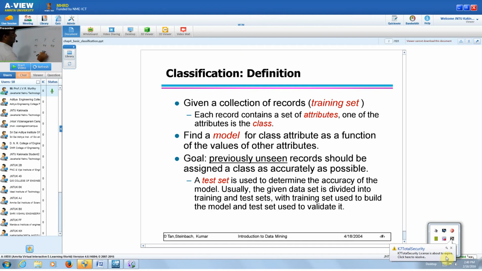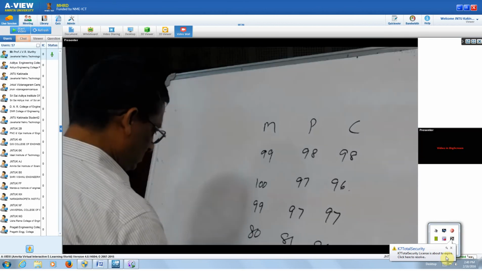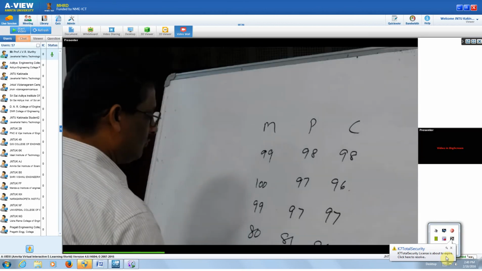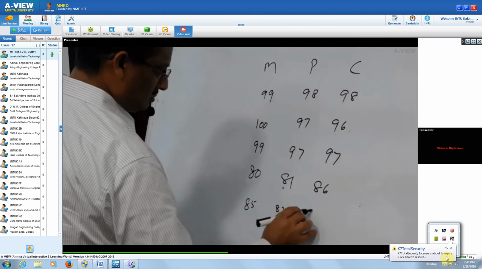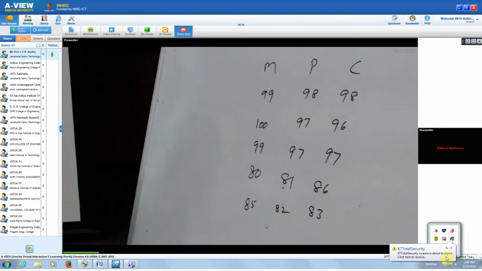100, 99, 90. Okay? Like this, the marks are there for the people for 100 in the examination. And 80. So, okay, these are the marks, let us say.